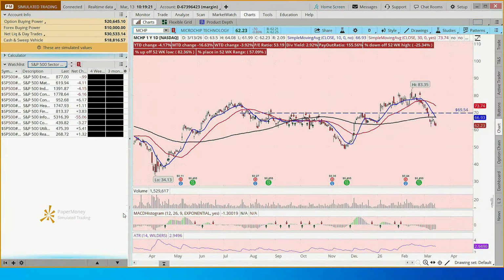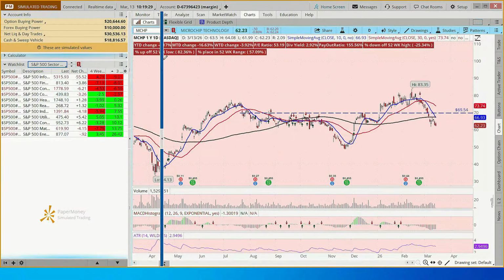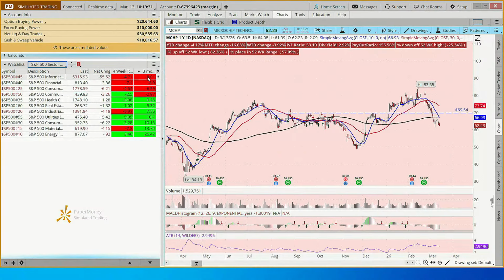sector indices. And when you look at these, usually we're looking for what sectors have been really strong. But if I click the 3-month, we can see that at the very back of the bus, the one that's been performing the worst has been technology. So if we wanted to do a bearish, short-term trade, where might we look?